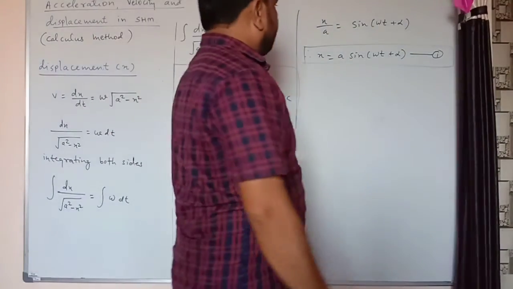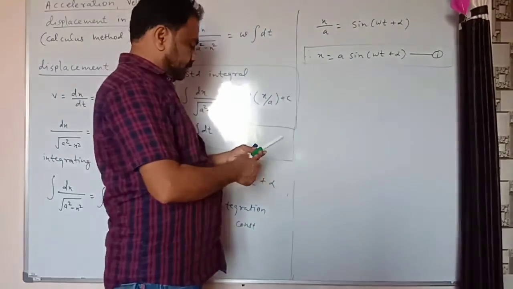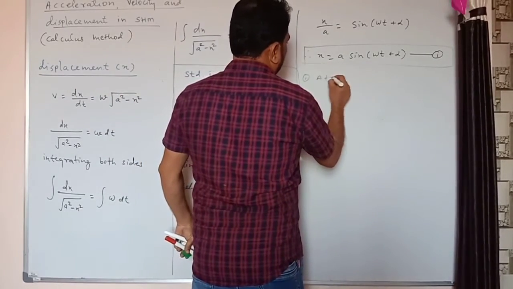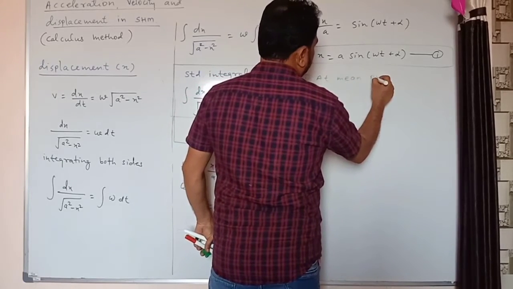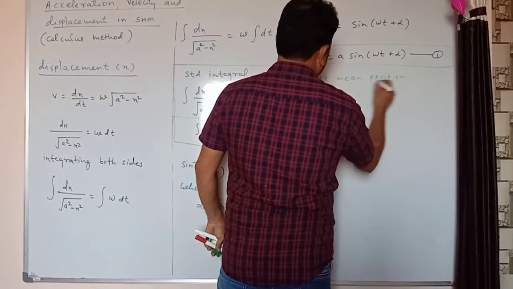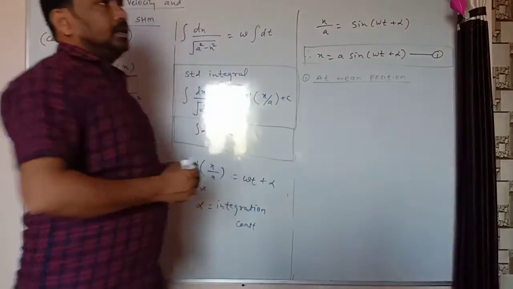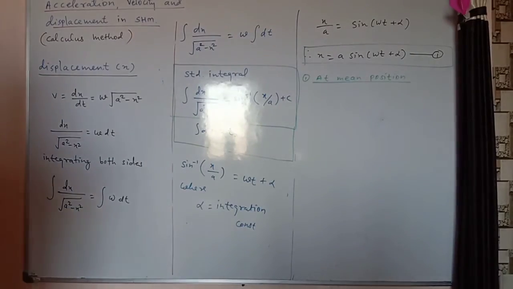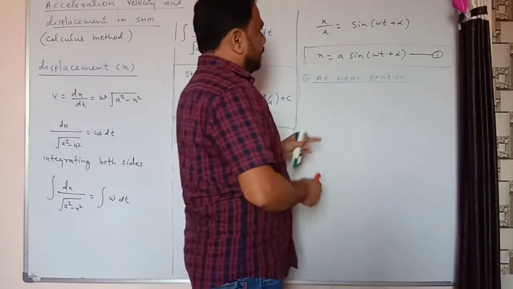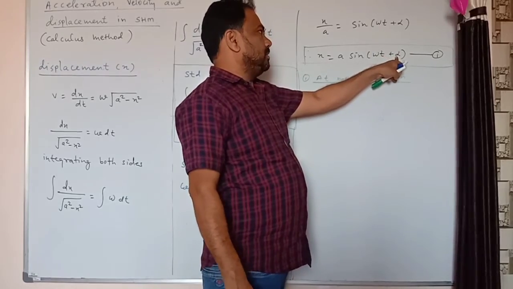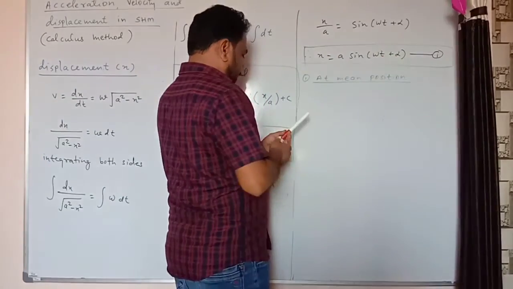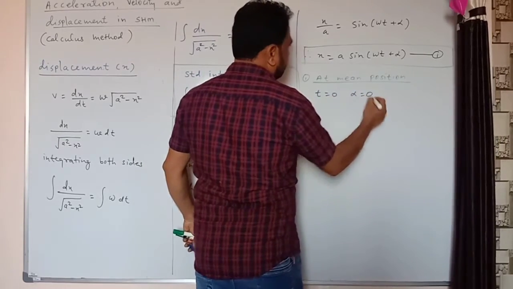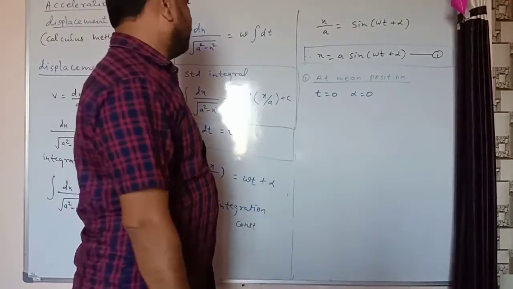When the particle starts from the mean position, at the mean position t is 0 and alpha is also 0, because it is at the equilibrium state.